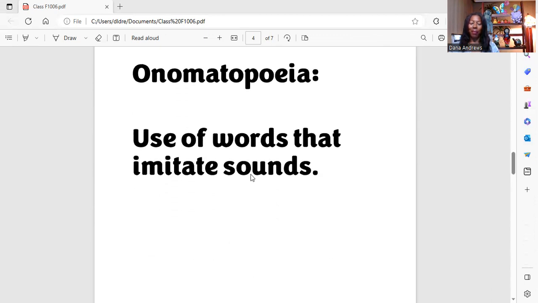Now, this one is a toughie. Look at that one. Onomatopoeia. That is what we are speaking of today. And it is the use of words that imitate sounds. So you can use this figurative language tool to imitate sounds. And again, that's onomatopoeia. That's a tough word. Now, how about an example?